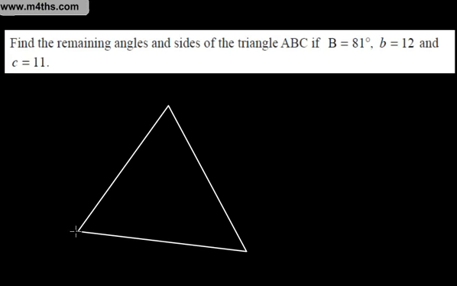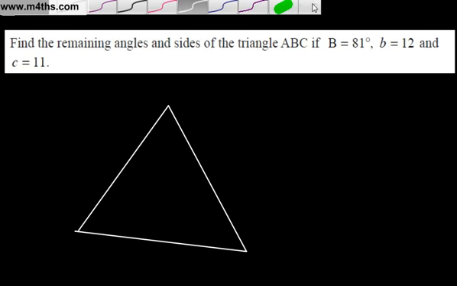Okay, here's one. Find the remaining angles and sides of a triangle ABC if angle B is 81 degrees, little b is 12 and little c is 11. So if I sketch this up, and again, at A level, sketching is incredibly important, it doesn't have to be accurate.